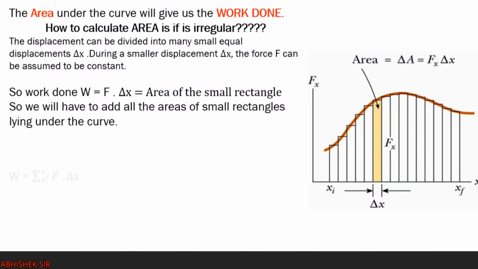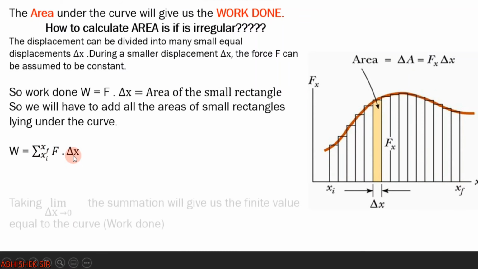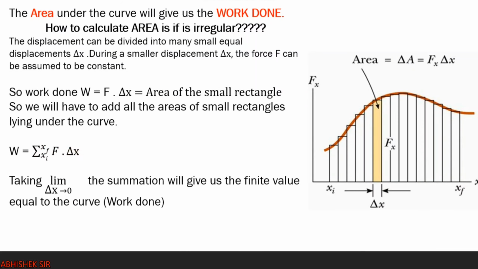So we have to add all the areas of the small rectangles lying under the curve. So we do the summation. I have kept this summation symbol sigma from xi to xf, initial to final, F into delta x. Now, taking the limit delta x tends to 0, the summation will give us a finite value, which will be equal to the total work done.